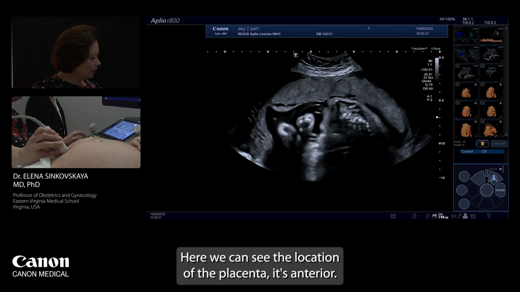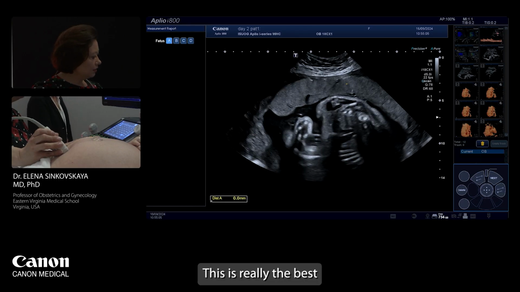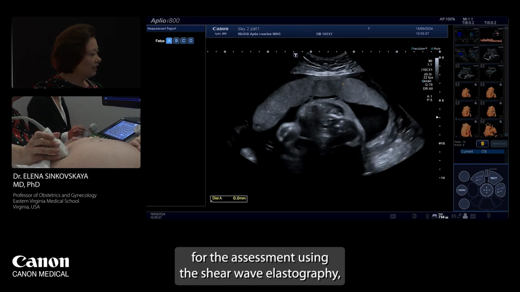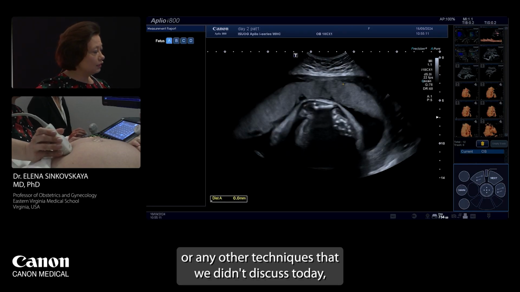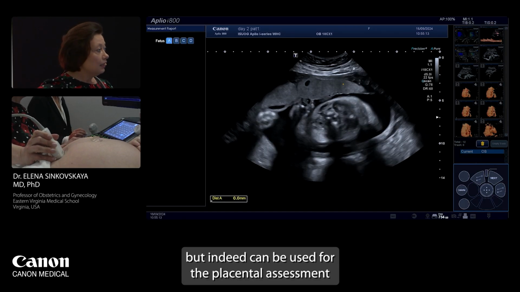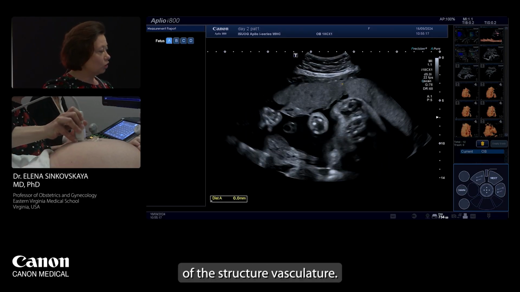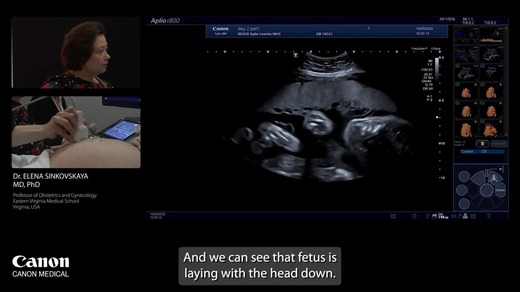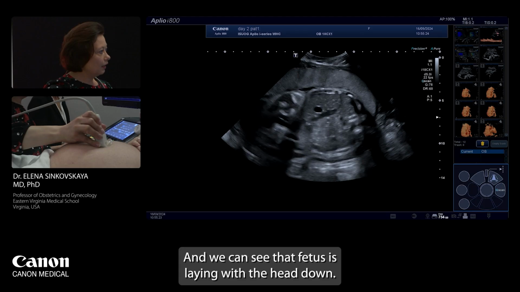Here we can see the location of the placenta. It's anterior. This is really the best for the assessment using the shear wave elastography or any other techniques that we didn't discuss today, but indeed can be used for the placental assessment of the structure and vasculature. And we can see that the fetus is lying head down.